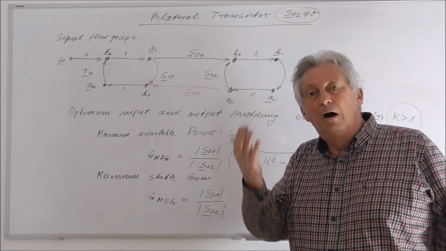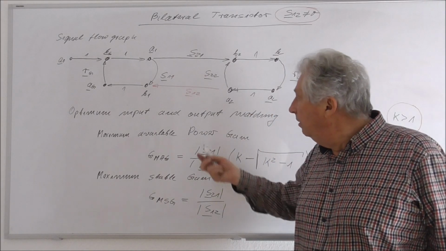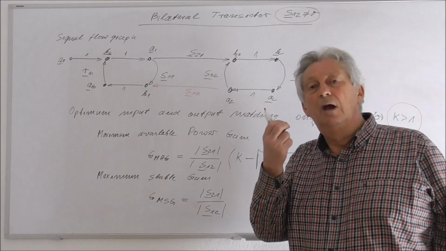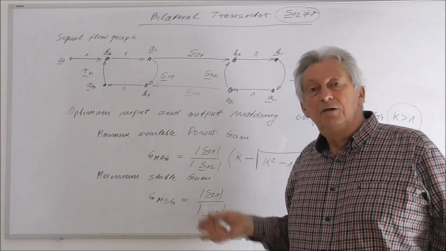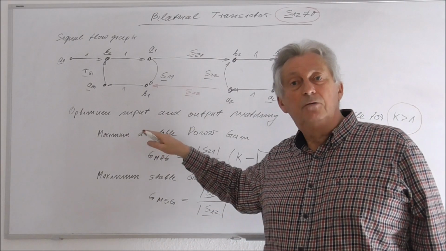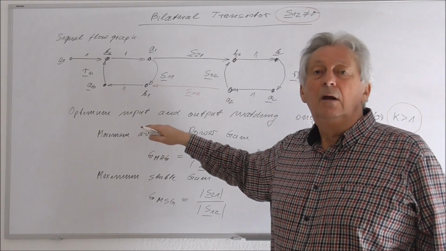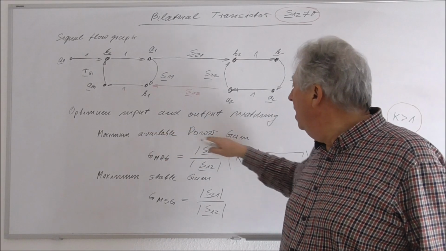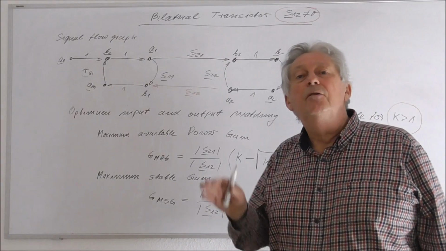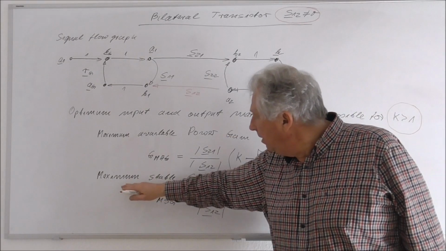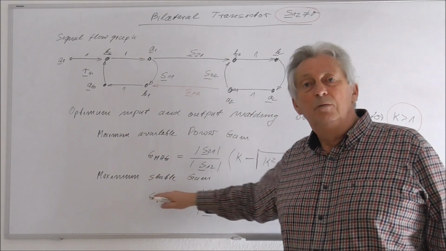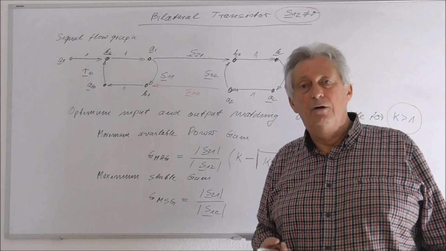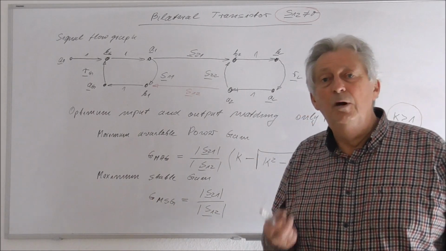So we have now two further parameters which we can calculate for a transistor. As soon as the transistor is stable, we can calculate the maximum available power gain, and if it's unstable, we at least can now calculate the maximum stable gain, and of course this is also implemented in the simulation tools.